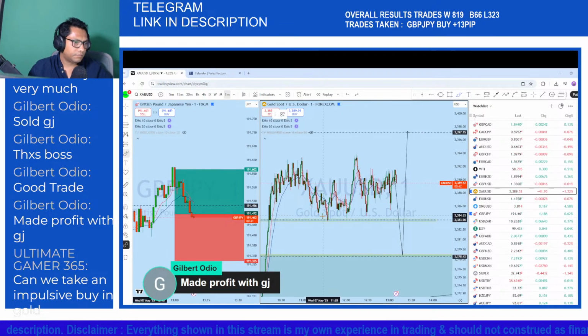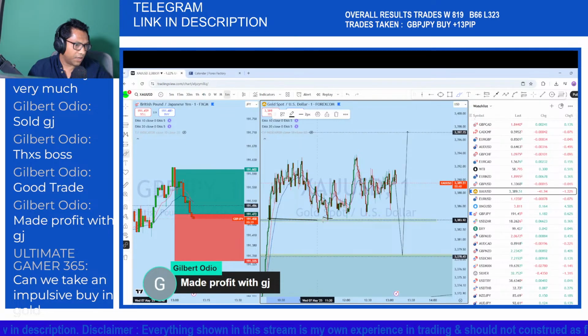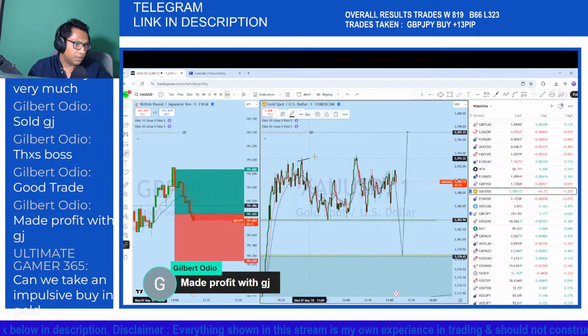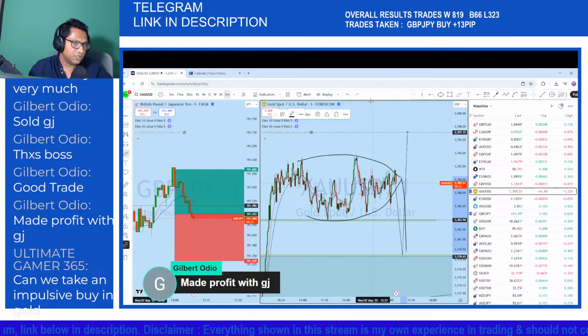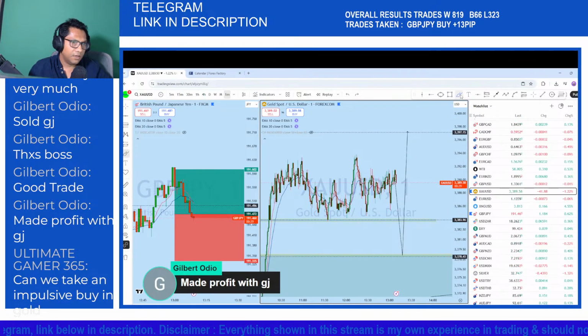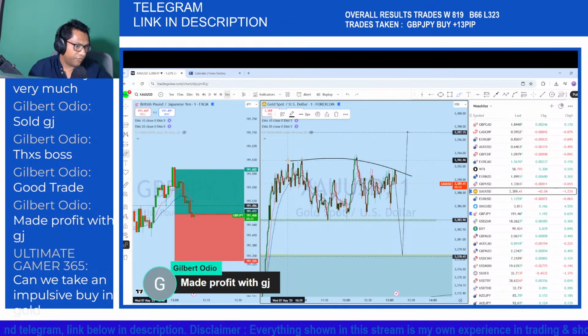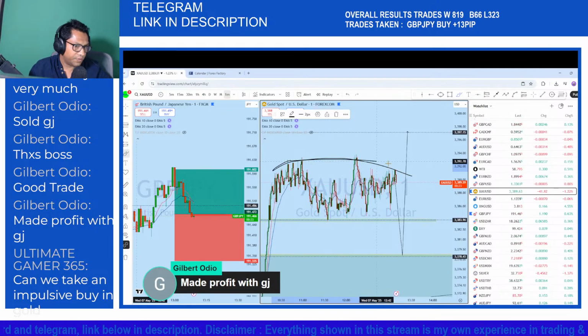And because it's forming a circle, here you can see a series of lower highs and higher lows, and we want to see it break below. It's what I call the fish pattern. So it's forming a fish pattern here.